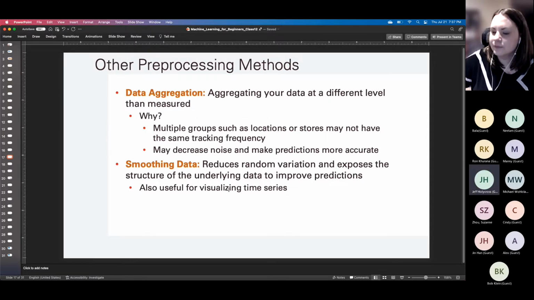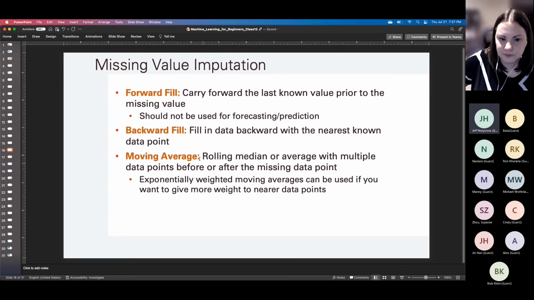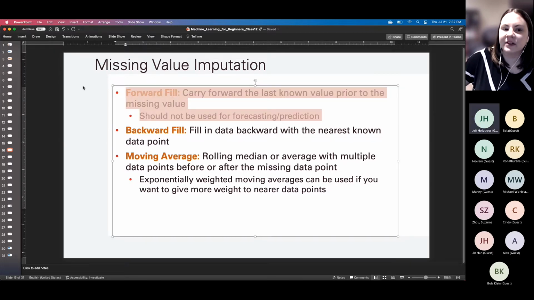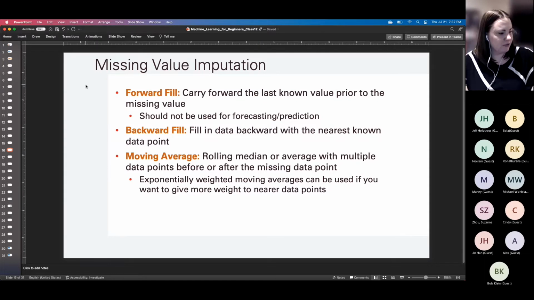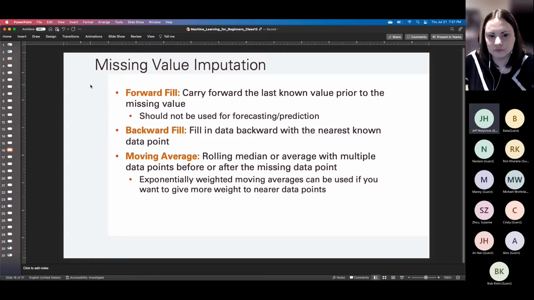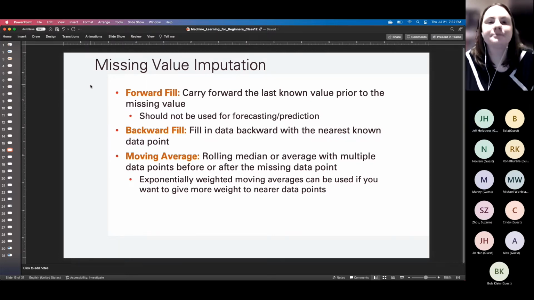Kelsey, it feels like forward would be leakage, or am I just getting the terminology reversed? Forward fill would have leakage because you're taking from, say we're doing January, is forward pulling from December or from February? Pulling from December.